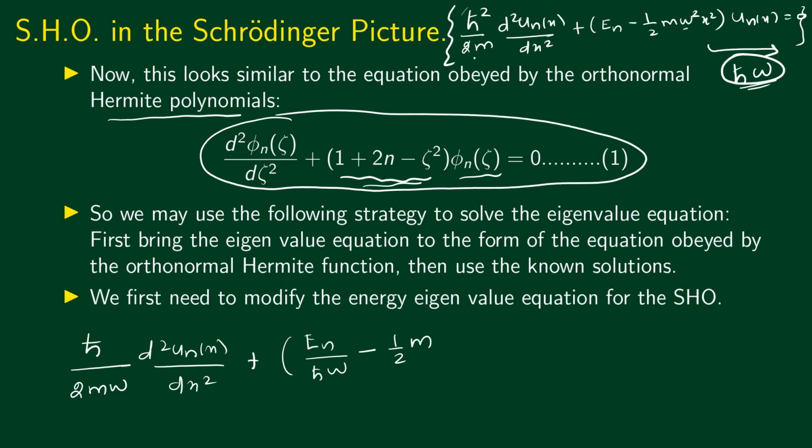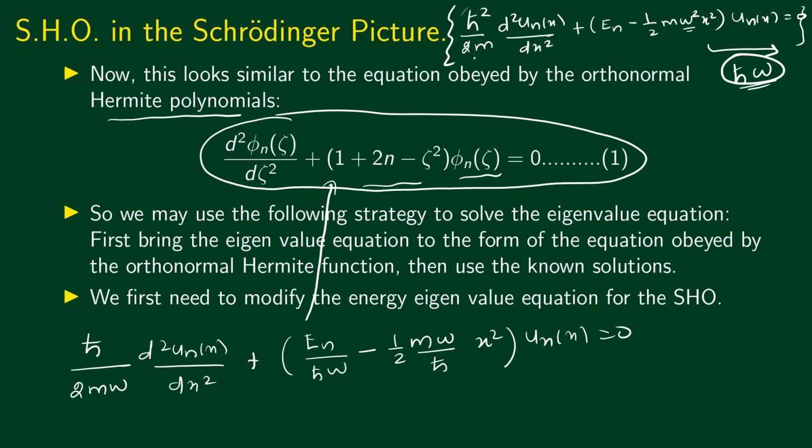Now if you divide this thing by ħω, one of the ω gets cancelled. So this is half mω divided by ħ, and we have got x², u_n of x equal to 0. Now still it's not in this form.